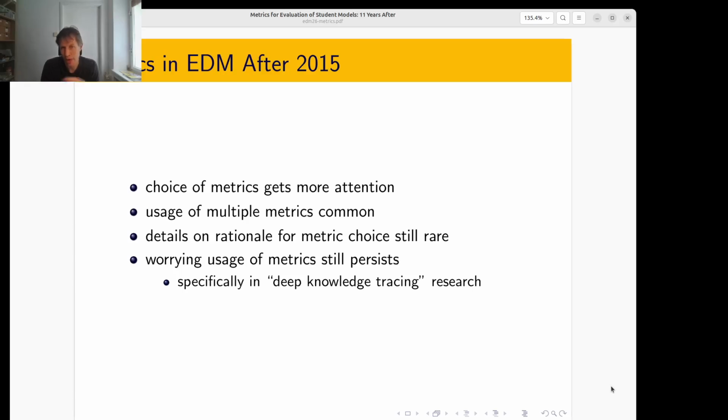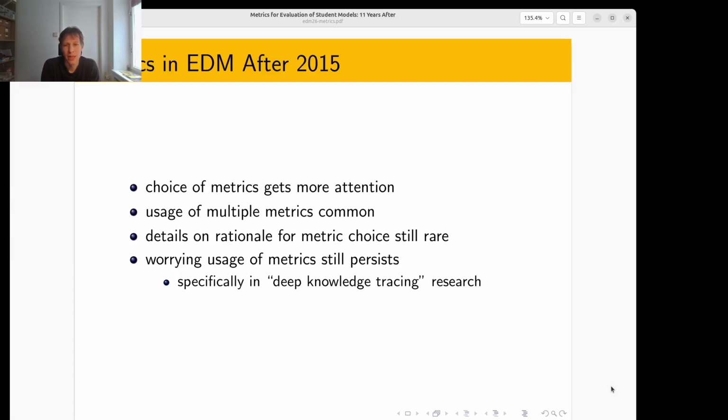And when there is a mismatch in the results between the different metrics, the researchers typically provide some commentary on the differences. However, details on the rationale of specific metrics, or a specific subset of metrics, are still quite rare. Researchers typically do not provide arguments why they believe the metrics they have chosen are relevant for the task that they are solving.